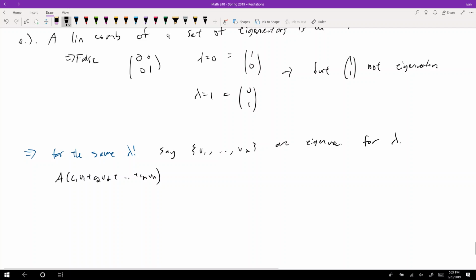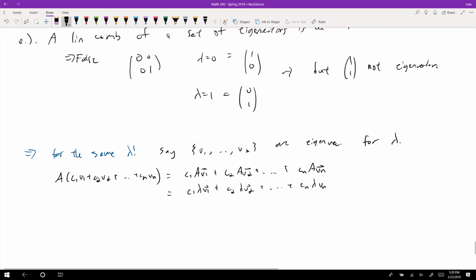Well, that's just equal to C1 AV1 plus C2 AV2 plus Cn AVn, because you can distribute matrix multiplication. But what is AV1? Lambda V1. So this is C1 lambda V1 plus C2 lambda V2 plus Cn lambda Vn.